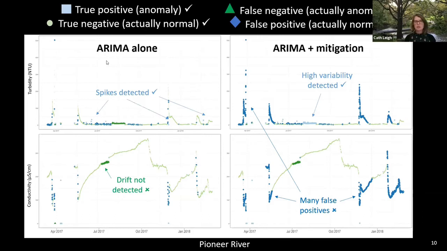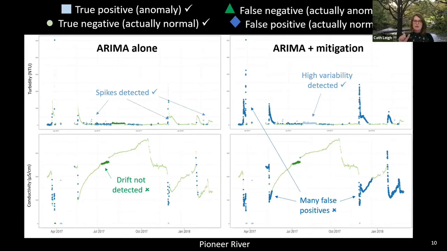in the left panel, I'm showing you the results from the ARIMA. These were the best results out of all the regression-based methods that we used. The results in the left panel are just from straight ARIMA itself. The results in the right panel are ARIMA with what's called mitigation.